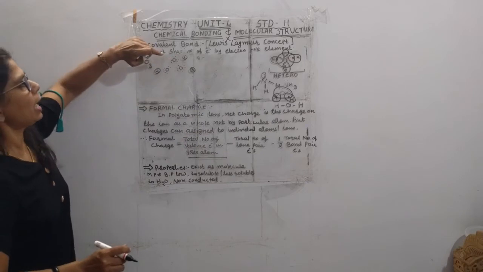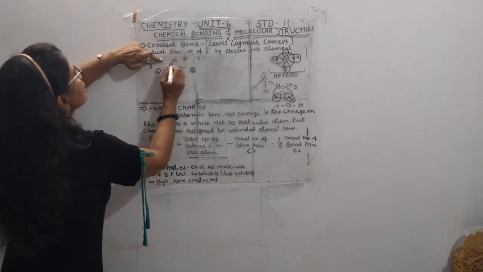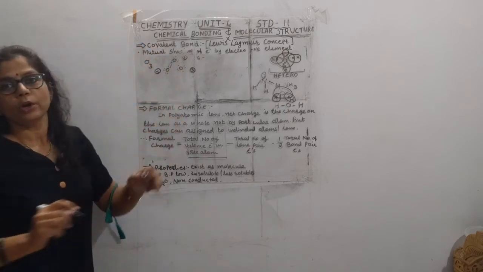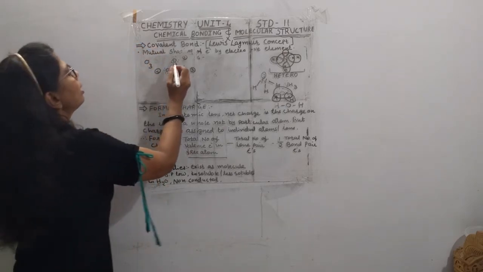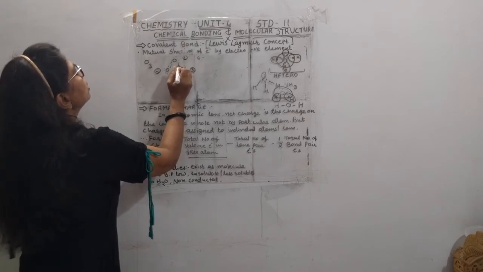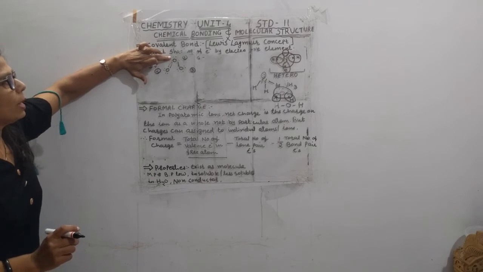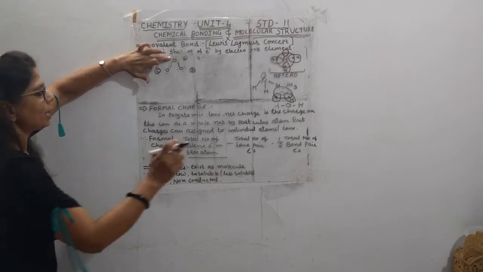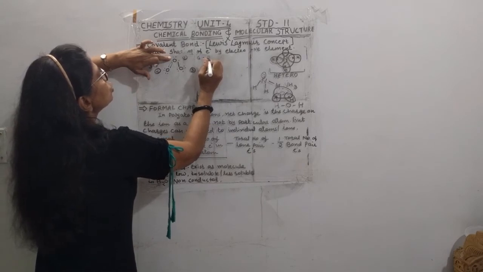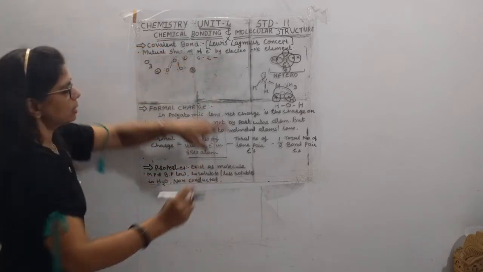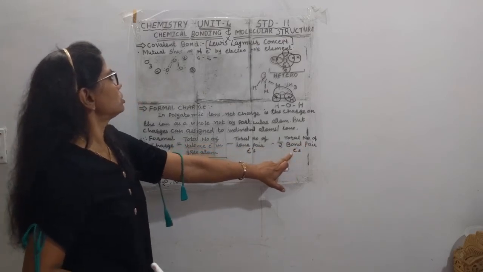How many lone pairs are there? Between which atoms is the bonding formed? This one has bonding and here also has bonding. So how many lone pairs, student? One lone pair means 2 electrons. You have to count the electrons. So 6 minus 2. Now minus half the total number of bond pair electrons.